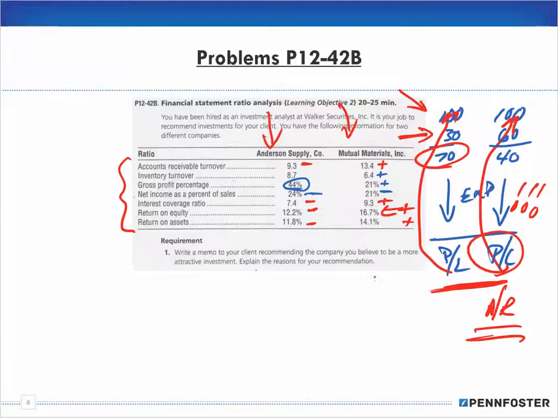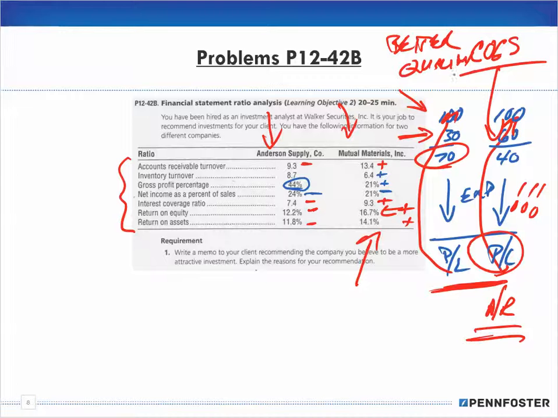If I'm looking at this, I'm looking at Mutual and saying, this is a strong reason for me to invest in Mutual Materials versus Anderson Supply. Because, and just the thought just popped into my head, their cost of goods sold may be higher because they are purchasing better quality material too.